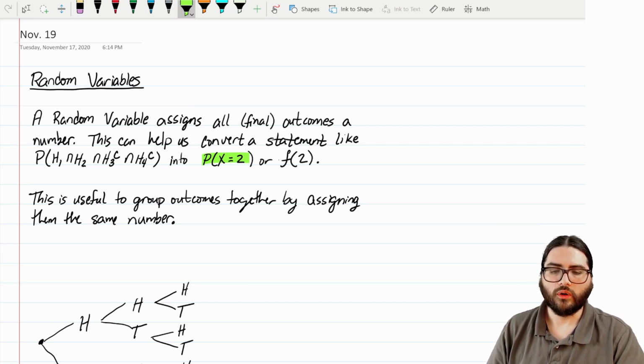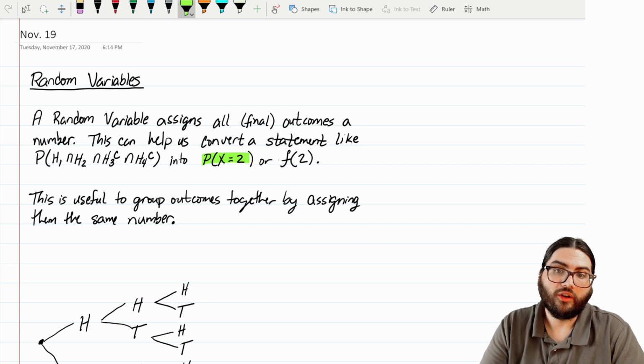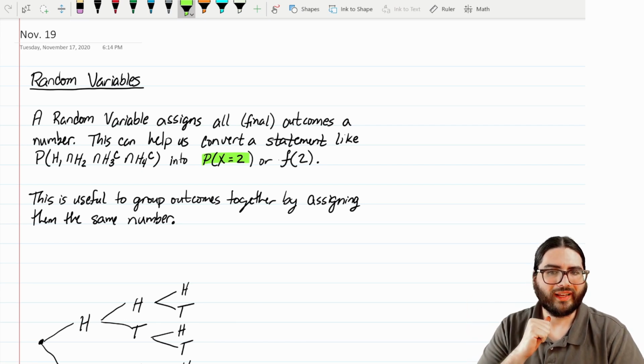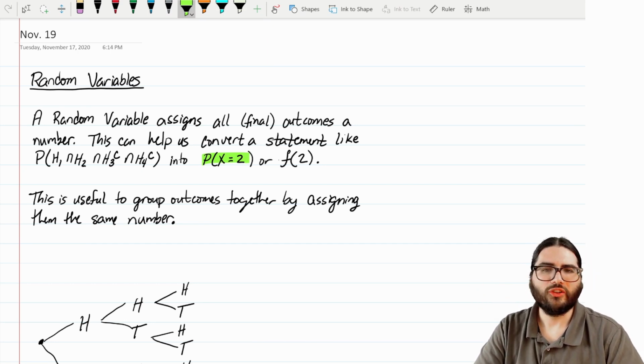Rather than saying, well, let me take all these outcomes which might have something in common, which I assigned the number 2, and let me add together all those different possibilities and all those probabilities. We use random variables a lot when we're counting things. Like, for example, if we're counting the number of heads or tails, like we're about to do in the table below. This will be something that a random variable is easily measured with.